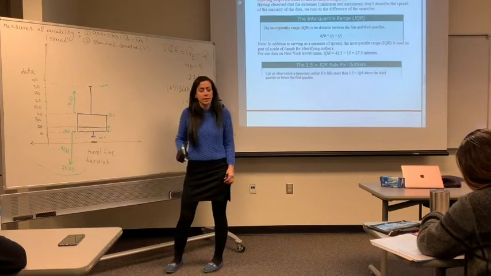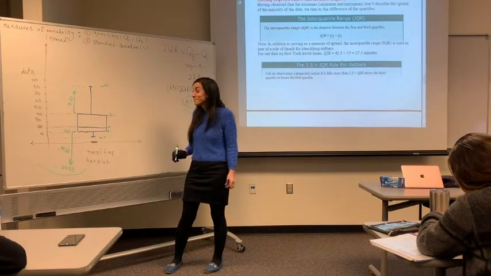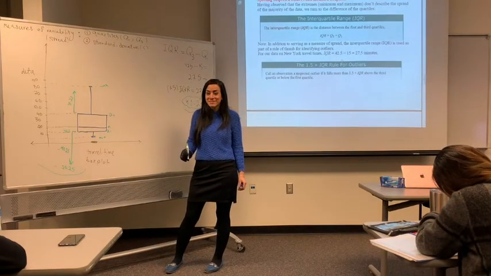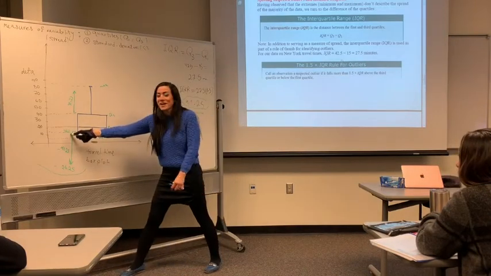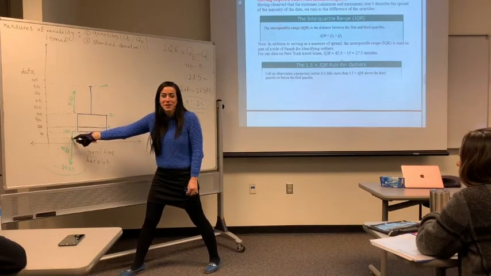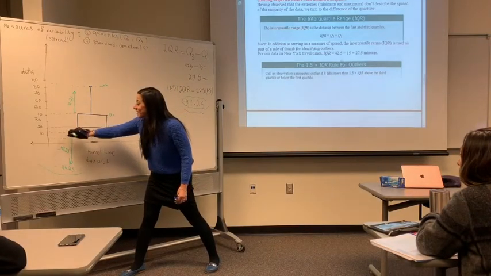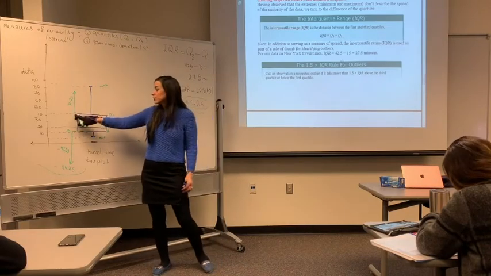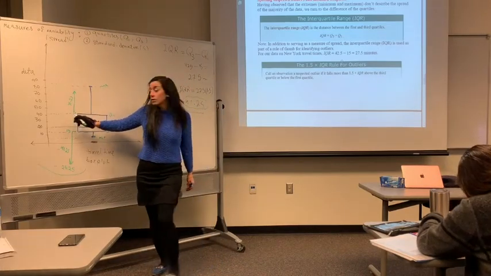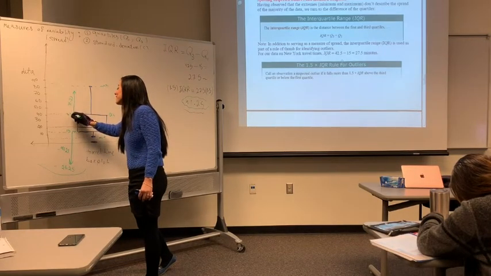So what was Q3? Did you find it? It's 42.5. So I wrote down 42.5 for Q3, and Q1 is 15. So now, Q3 was 42.5.